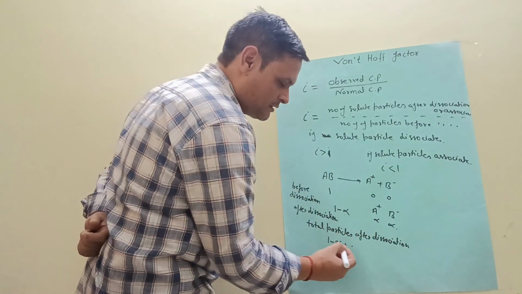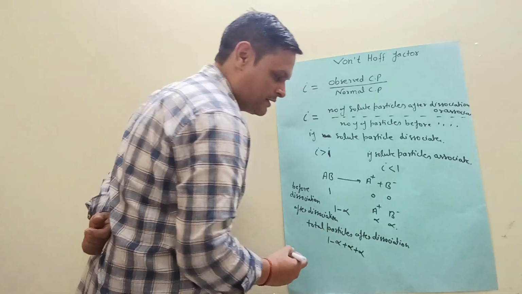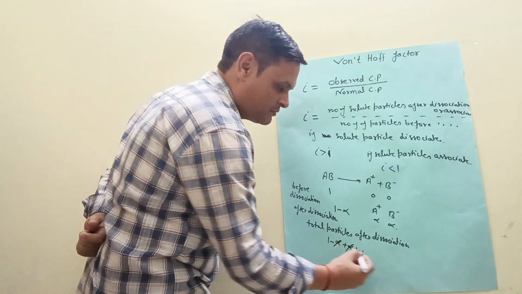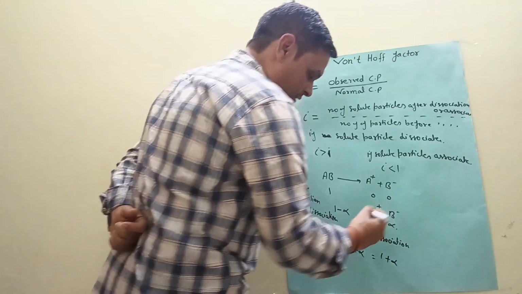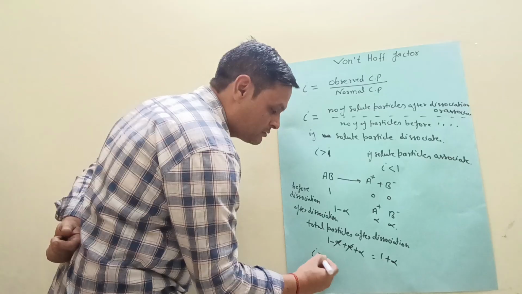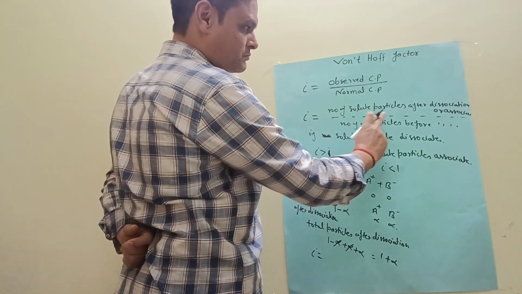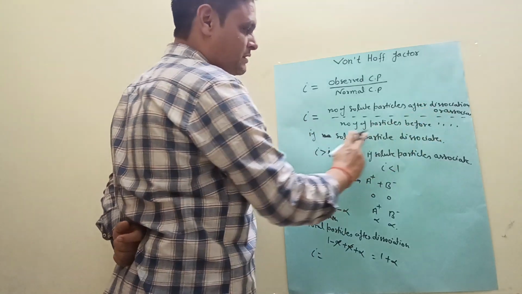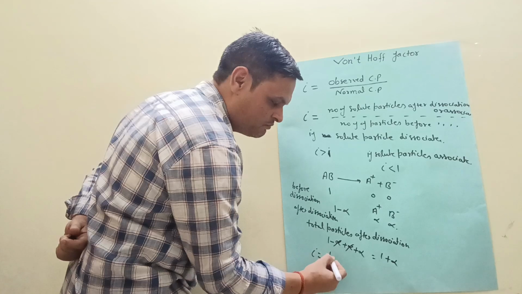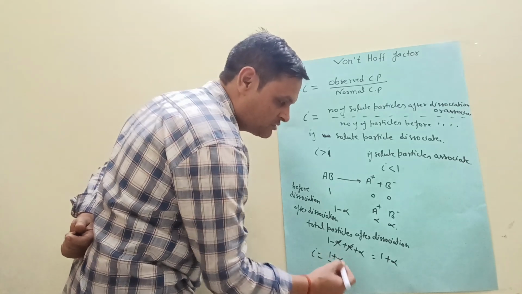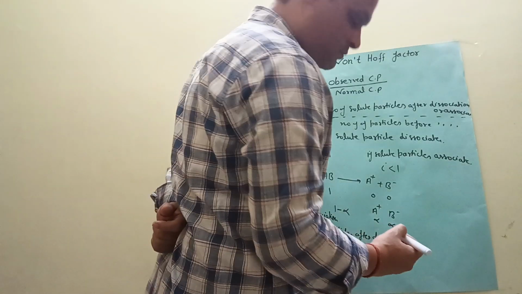The total is 1 minus alpha plus alpha plus alpha, so total particles are 1 plus alpha, right? Then van't Hoff factor i is equal to number of solute particles after dissociation upon number of particles before dissociation. After dissociation 1 plus alpha, before dissociation 1. So i is equal to 1 plus alpha upon 1.